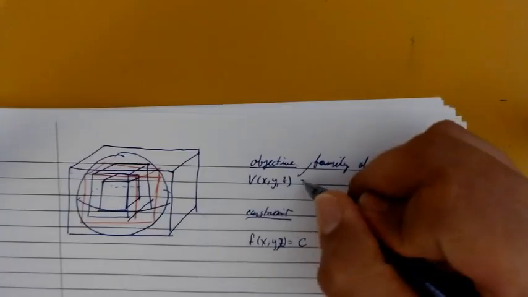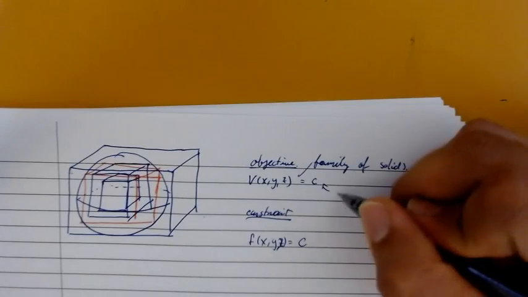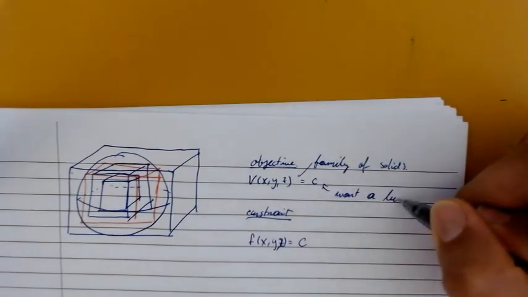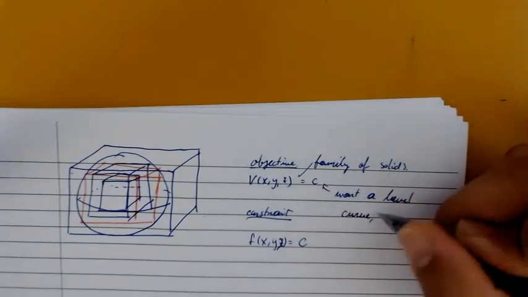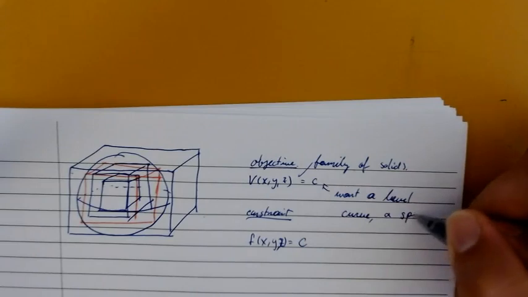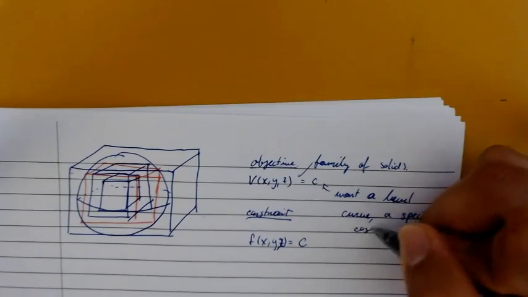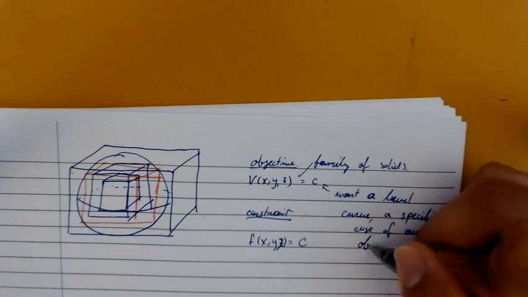So what I'm looking for is a level curve, a specific case of our objective function.